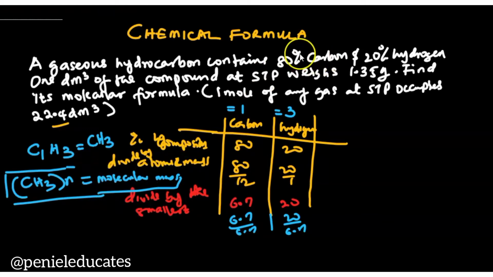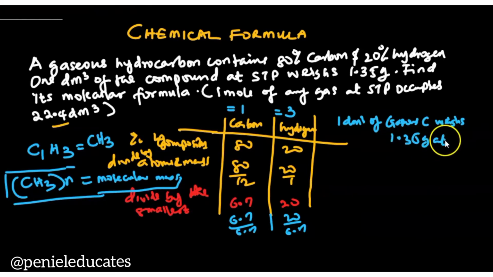Now we're given 1 dm cube of the gaseous compound. 1 dm cube of the gaseous compound weighs 1.35 gram at STP. That's 1.35 gram at STP.